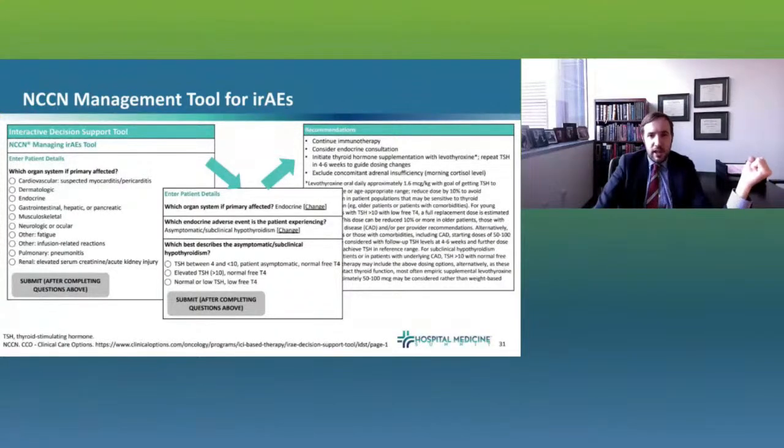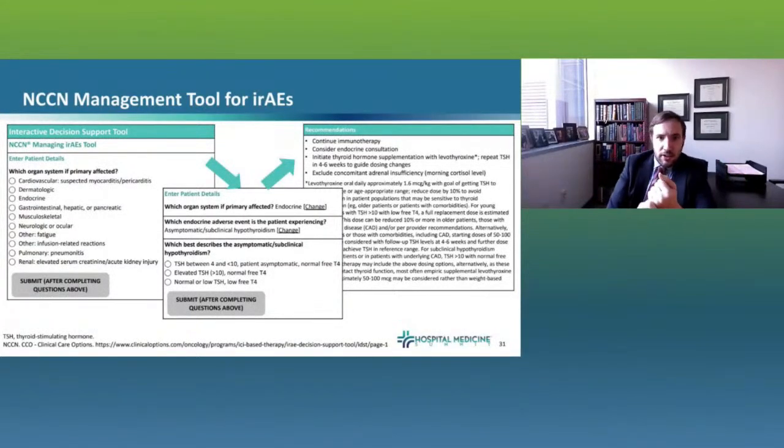It has excellent algorithms, very easy to navigate to assess both CRS and ICANS. And I can tell you that everyone at my hospital that takes care of CAR T patients uses it. Everyone I know at other hospitals in the area that takes care of CAR T patients uses it. And it's very similar to this, but CARTOX is a free app. It's excellent.